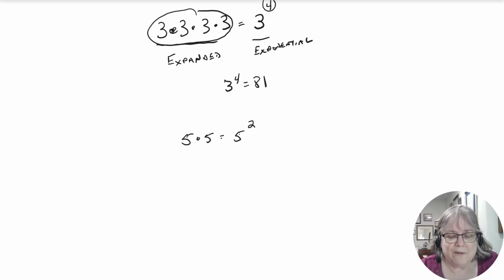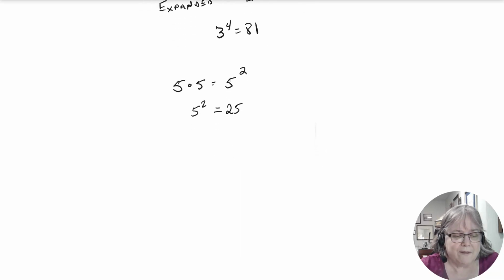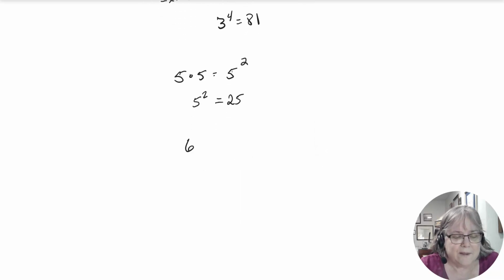So this could be 5 to the second or 5 squared, and that would be 5 times 5 is 25. So 5 to the second power, 5 squared, is 25. If you had 6 times 6 times 6, your base is 6. It's there 3 times, so your power is 3. This is another one of those that's got kind of a cutesy name.